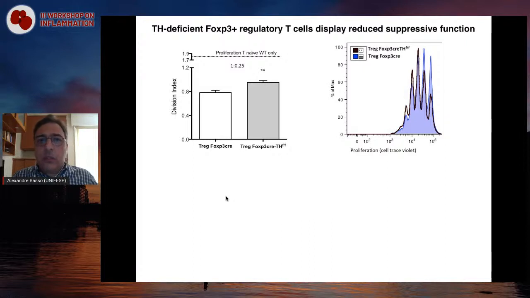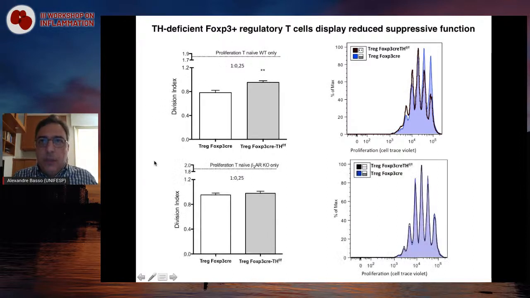Interestingly, this was true only if the naive T cells express the beta-2 adrenergic receptor. So here we can see that when we did the very same experiments in naive T cells lacking the beta-2 adrenergic receptors, this was no longer true.